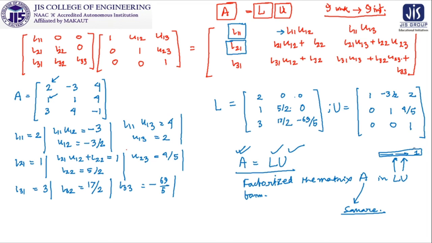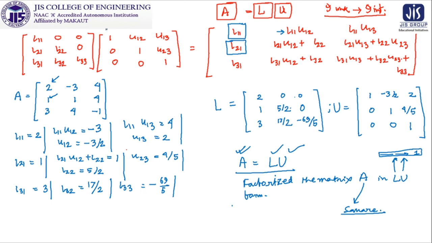My request to you is to factorize the same matrix, that is this given matrix A, by L and U form, but you please consider the reverse one, that is, here you please try to factorize it in this form A is equal to LU, where you can see that here it is L11, L22, L33.